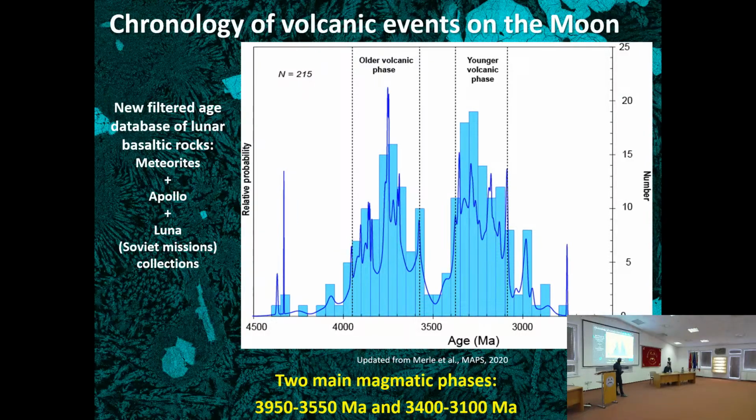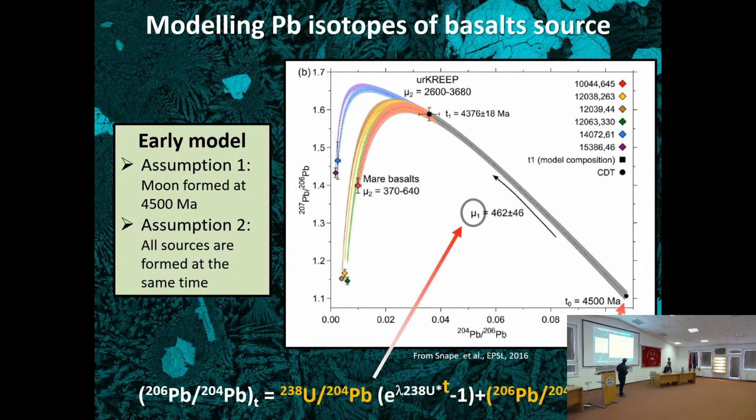And this is what you see on this diagram. Basically, two main magmatic phases between 3950 and 3550 million years, and again between 3400 and 3100 million years.